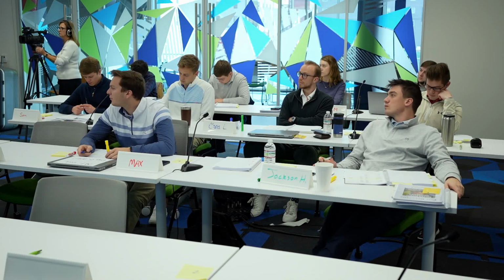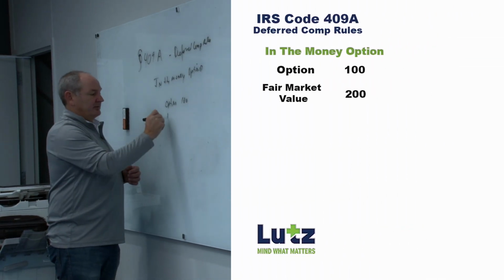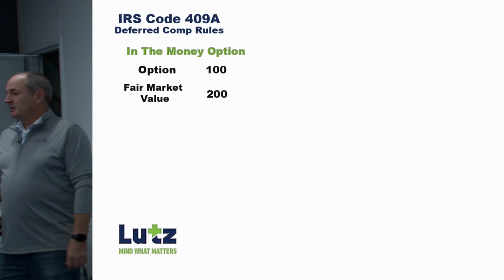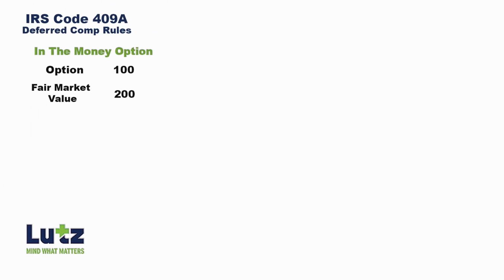Yes. Okay, so your option was $100, but if the fair market value, Jackson, was $200, that's an in-the-money option. An in-the-money option falls into this deferred comp. That I kind of get. Fine, fair enough. But the one I don't get is short-term deferrals.